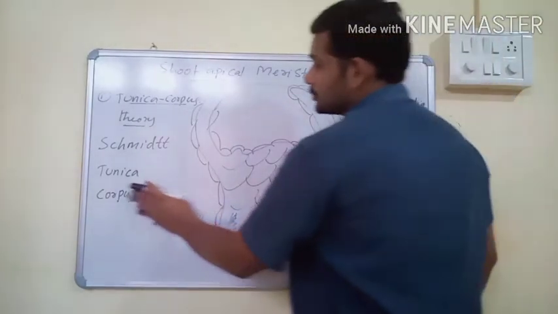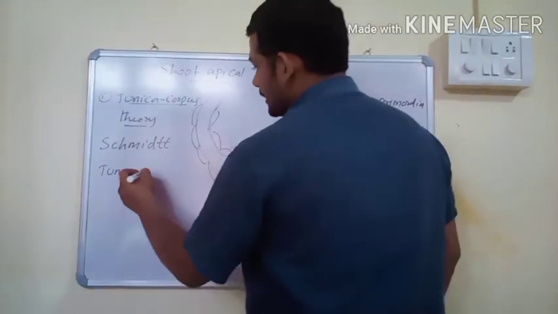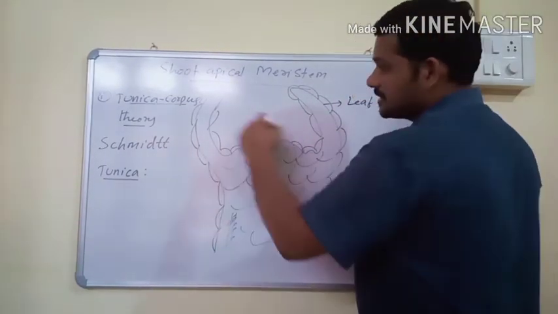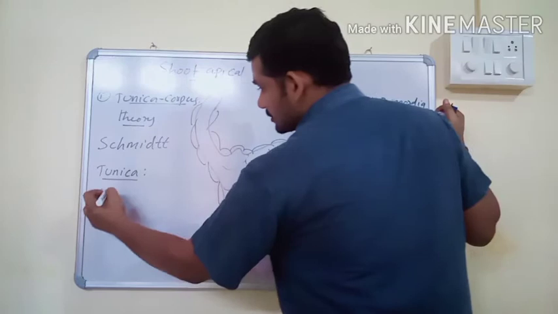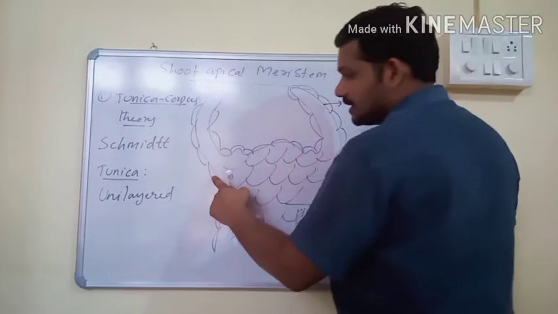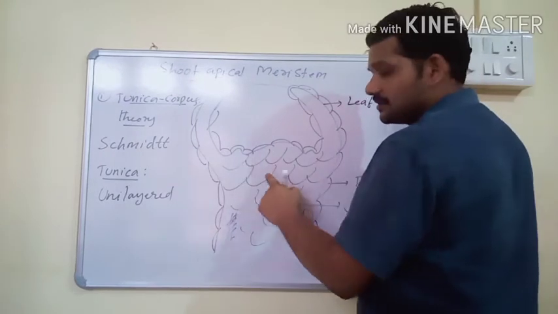The outer tunica is made up of a single layer of cells, so the tunica is also known as unilayer. The cells of tunica are smaller than the cells of corpus.